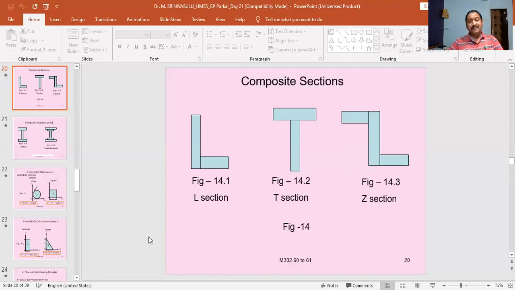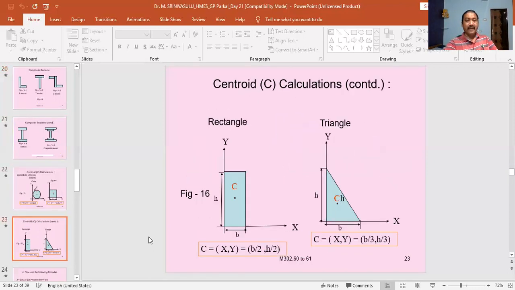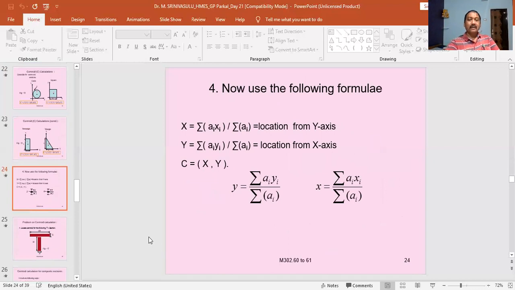Then the x coordinate can be found by sigma ai into xi by sigma ai, that is, a1 into x1 plus a2 into x2 plus a3 into x3 by a1 plus a2 plus a3.